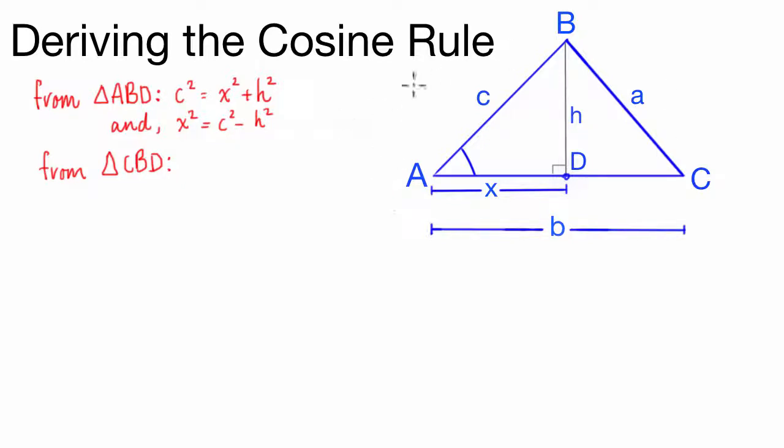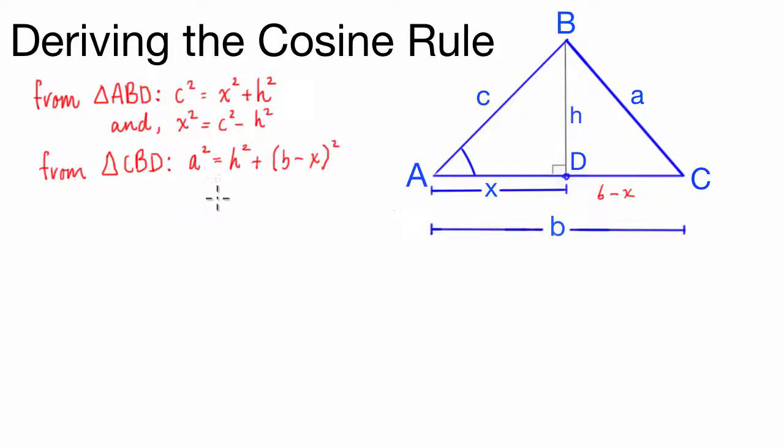We can say that A squared is equal to H squared plus, now this side here is going to be B take X, and that's all going to be squared.